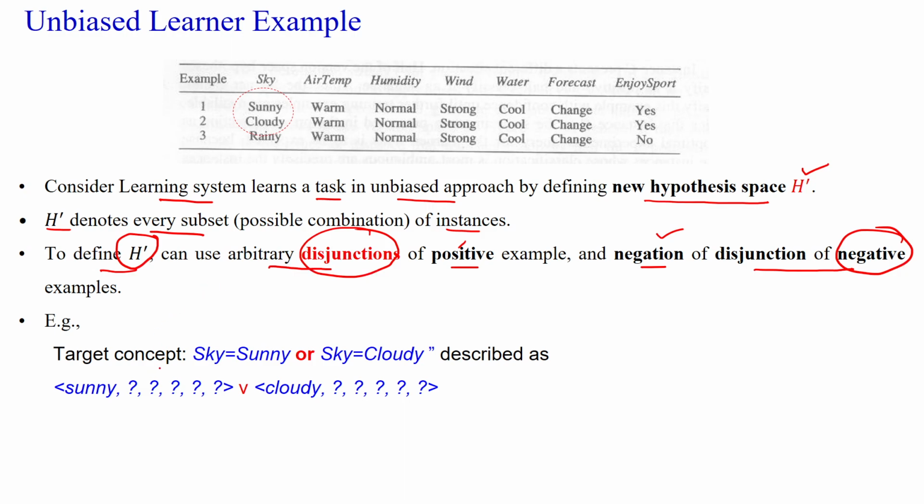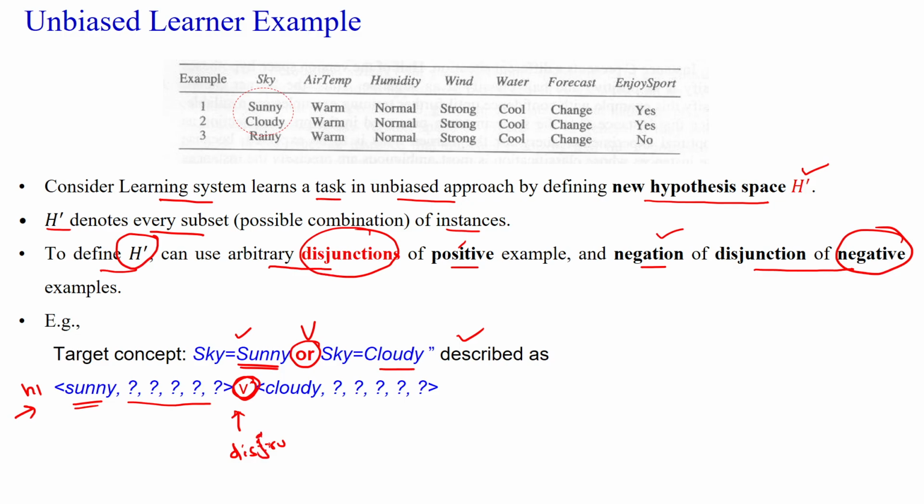For example, the target concept may have a sky value of sunny, or disjunction, this is the disjunction, sky value may be cloudy. So how can we describe the hypothesis here? We are describing hypothesis 1 with sky value sunny, and all remaining constraints are general constraints, and or, this is the disjunction, a disjunction of another hypothesis.